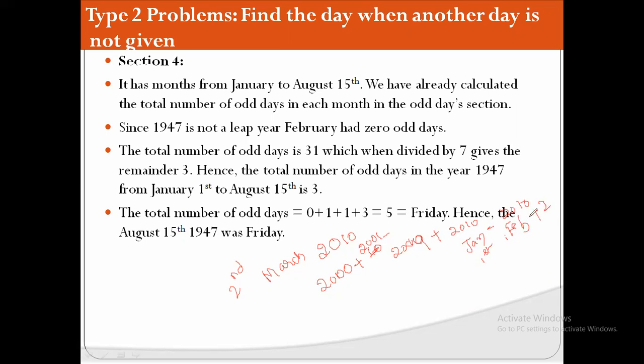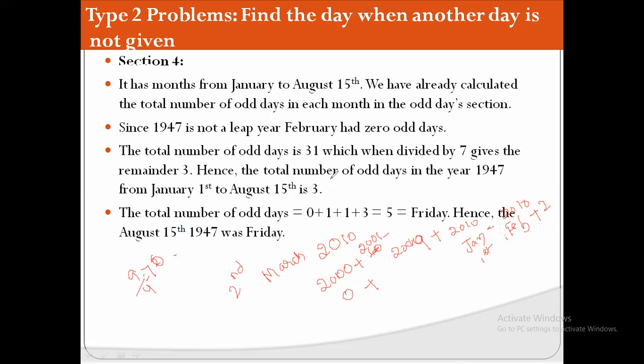In the March month, 2 odd days. And the year 2000 is completely divisible by 400, so its odd days are 0. Plus, out of these 9 years, if we divide by 4, 2 leap years will be possible.